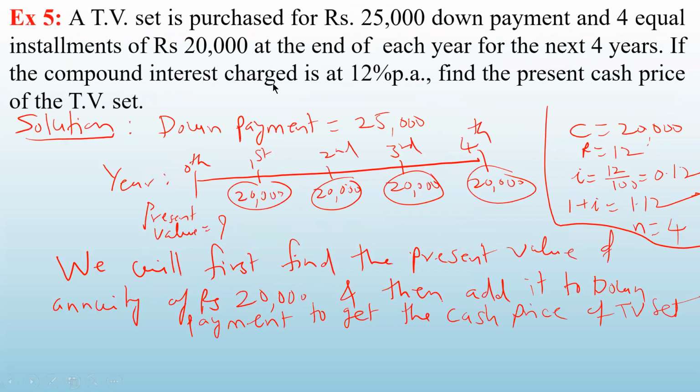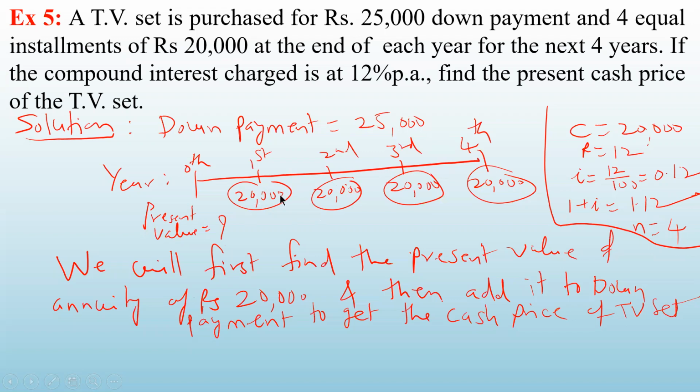So how did we solve this problem? Let me just repeat quickly. A TV set is purchased for rupees 25,000 down payment and 4 equal installments of 20,000. So C is given as 20,000, paid for 4 years at the end of every year.